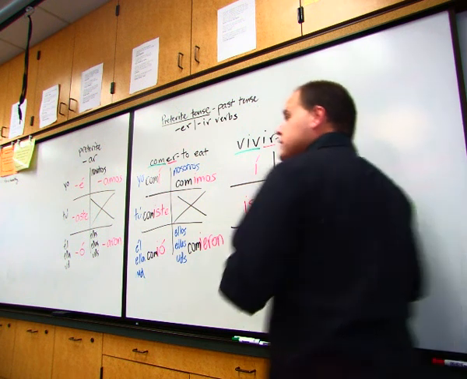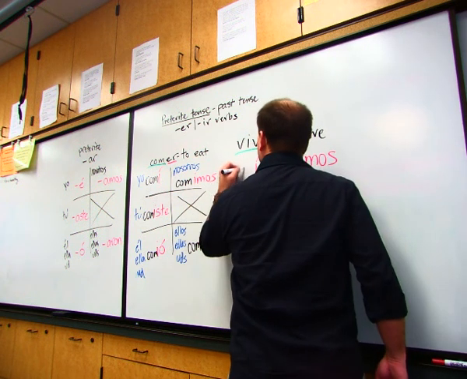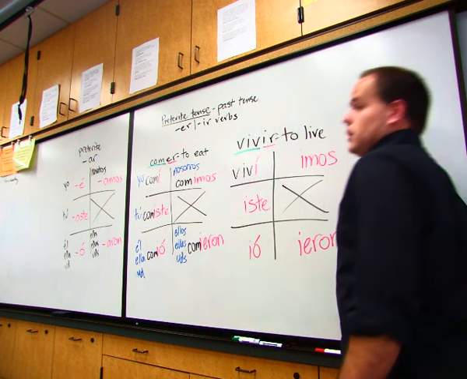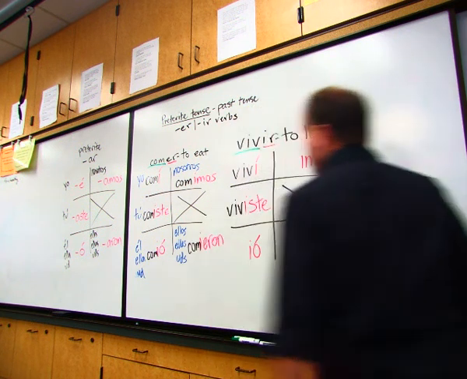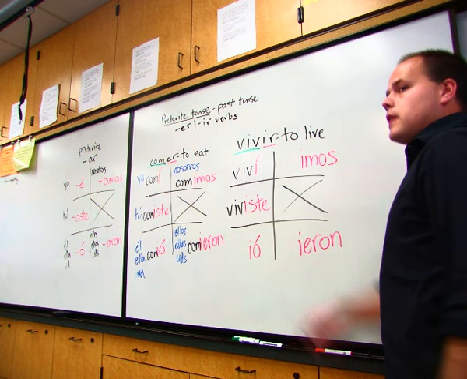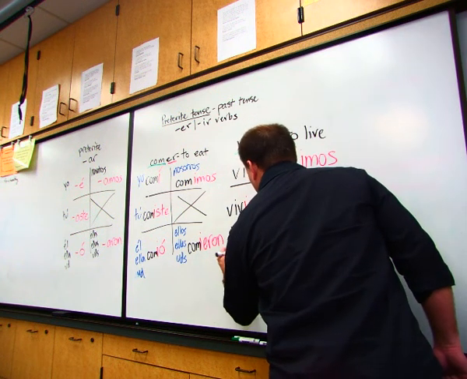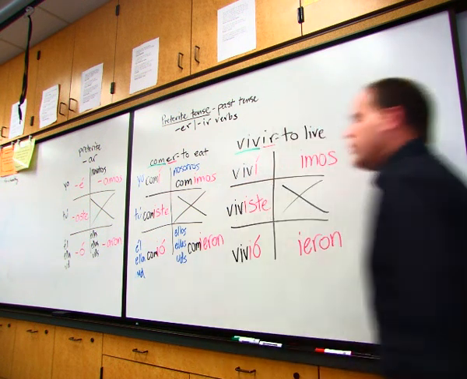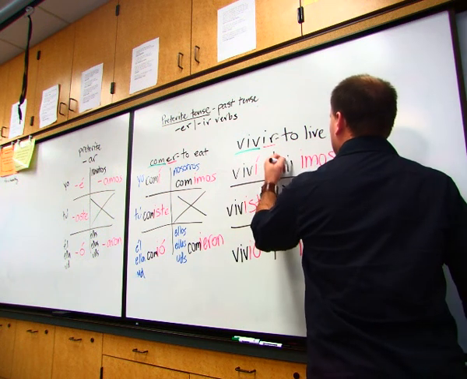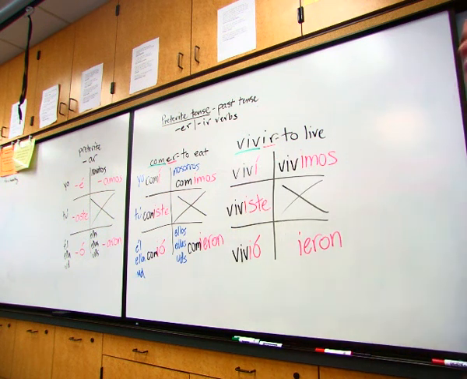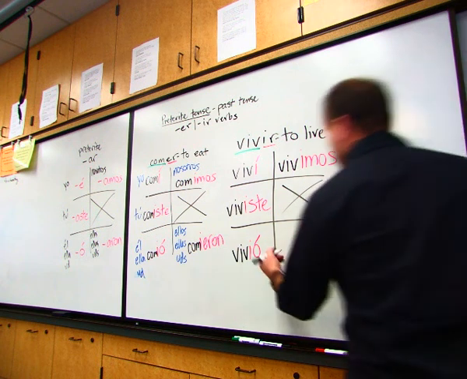So I lived, yo viví. You lived, tú viviste. He or she lived, él, usted vivió. Okay, nosotros, we lived. Vivimos, and they lived, or you all lived. Vivieron.